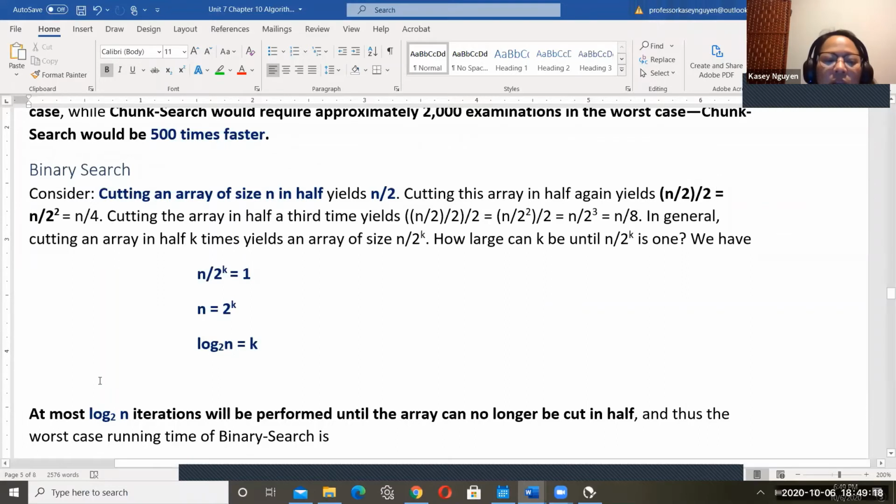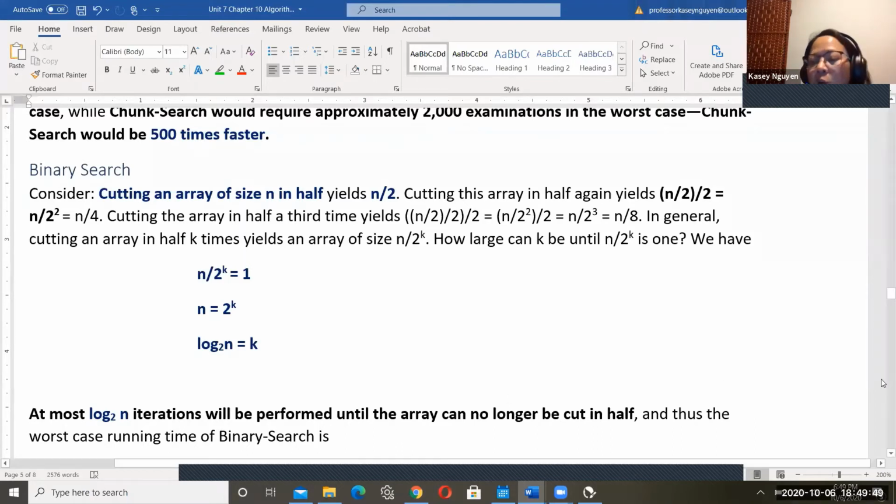In binary search, it's determined that the number of iterations performed would be log 2 of n. We would no longer be able to cut it down by half again, sizing it down from half to another half until it's small enough to identify the key, which is log 2 of n.